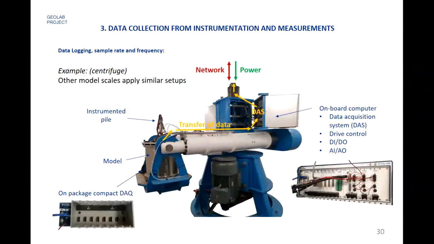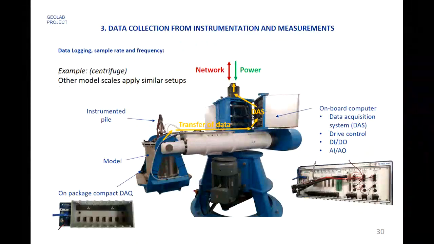There are special cases, and for instance, in centrifuge, we have different systems for data acquisition. In some cases, the data acquisition is close to the axis of the centrifuge; sometimes it's in the basket. It depends really on what we measure, and whether the signal can be conducted far away without perturbations.